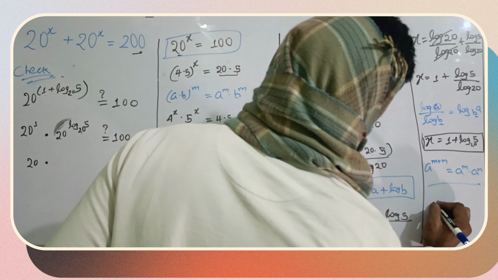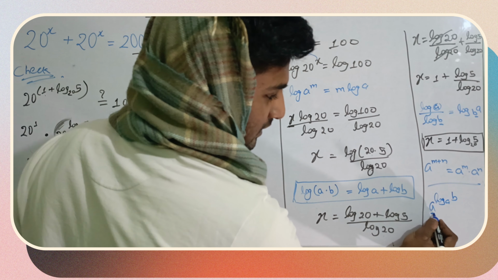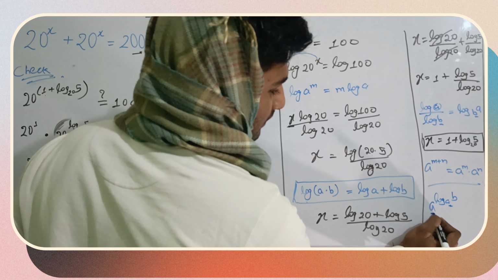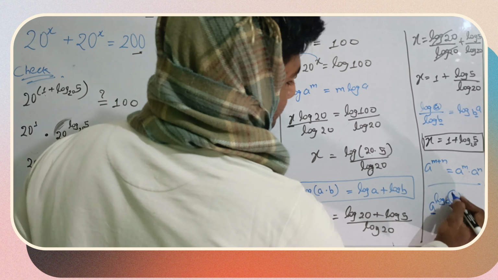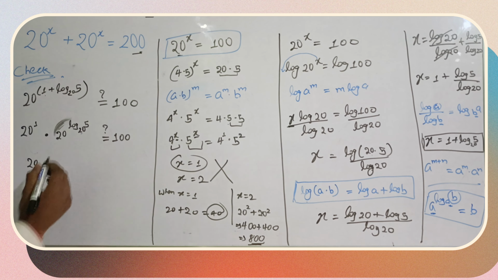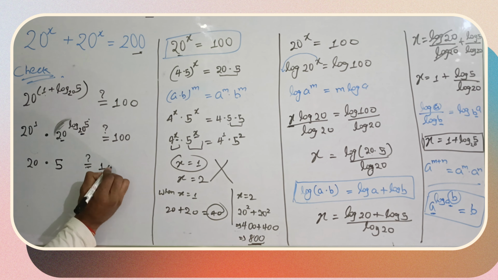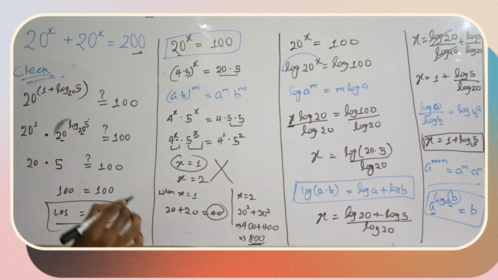When the base and the base of the log are the same, we get the value b on the right side. So here a is our 20 and b is our 5. So 20 times 5, is it 100 or not? 20 times 5 is 100 and is equal to the right side. Therefore LHS is equal to right hand side. Hence our value of x is correct.